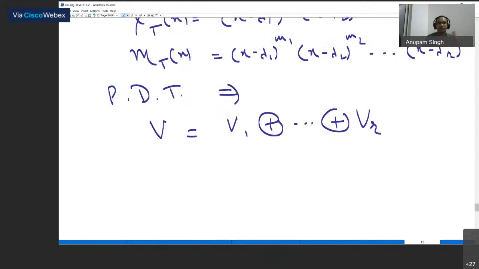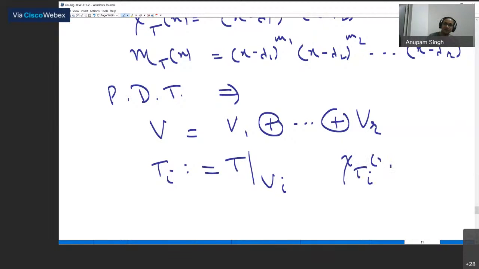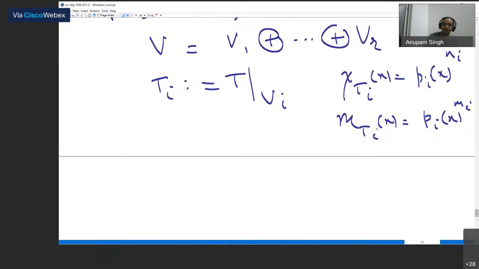So from the primary decomposition theorem we get this, and I have Ti, which is T restricted to Vi, with the property that the characteristic polynomial of Ti is exactly Pi(x) to the power ni, and the minimal polynomial of Ti is simply Pi(x) to the power mi. So this I get from the primary decomposition theorem.